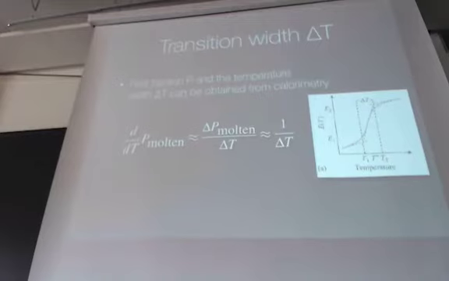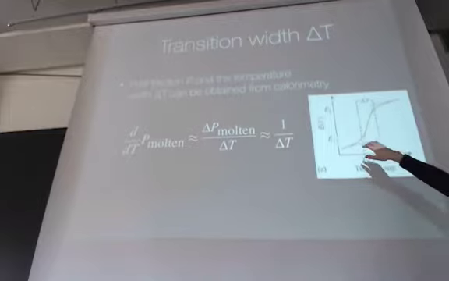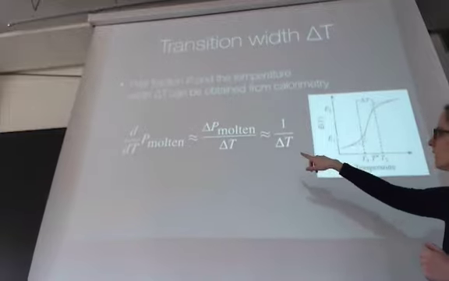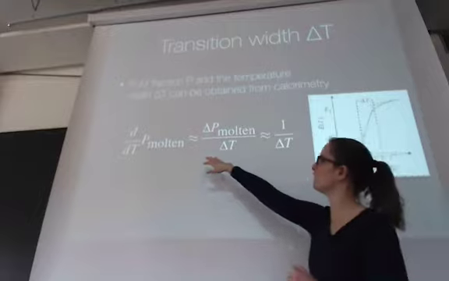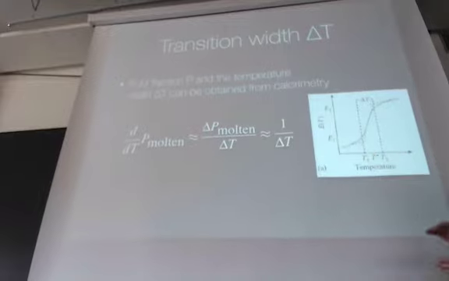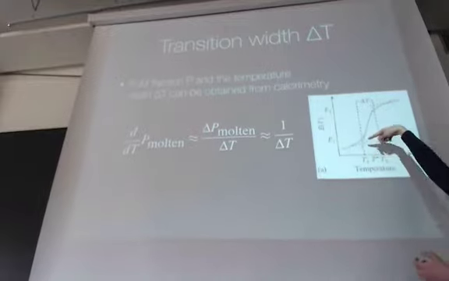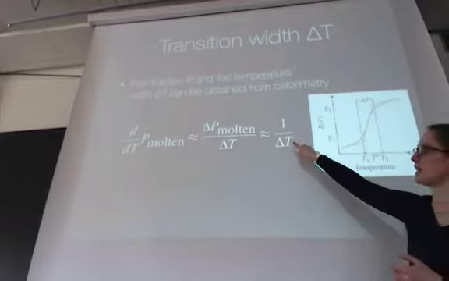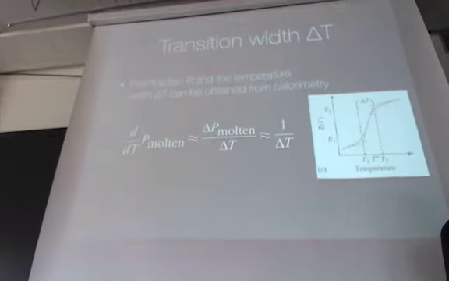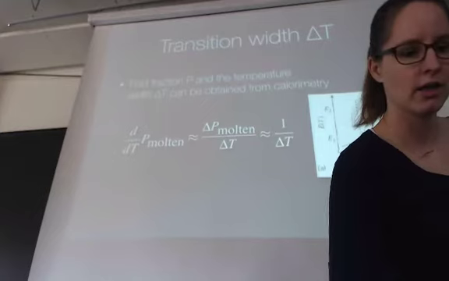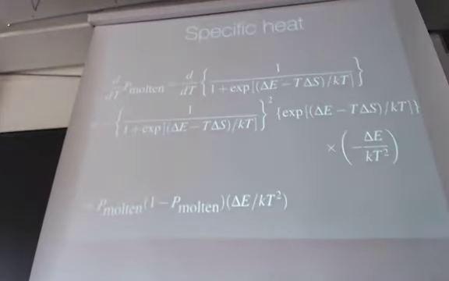And then if we take our binding curves, which I said we can measure from experiments, then we can look at the variation of the probability of being in the molten state with temperature. And if you look at this, it behaves as 1 over delta T. So I can compare this to the one that I calculate from this experiment.